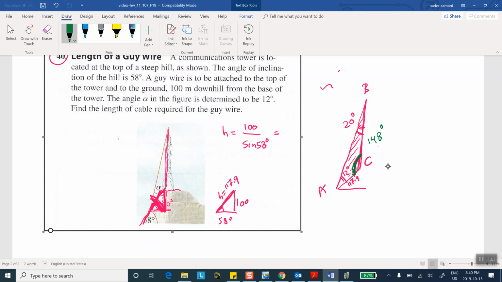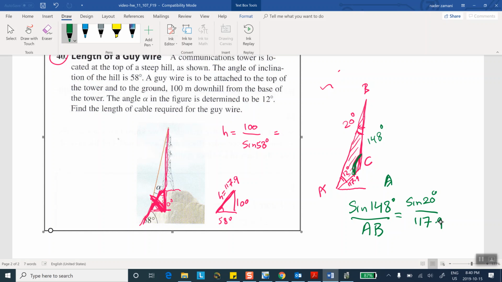Very good. Okay, so we have AB, we have sine of 148 divided by AB. That's what you want to find, right? The length of the cable. Okay, so this is equal to, for example, sine of 20 divided by 117.9 meters.